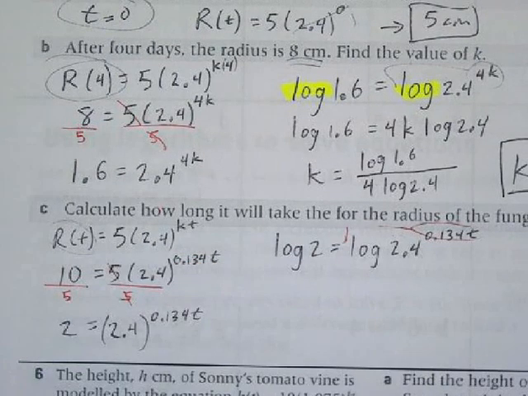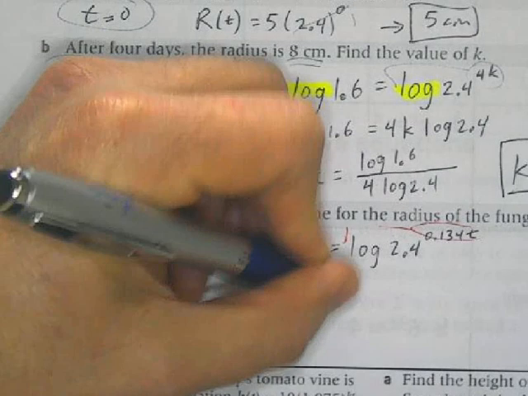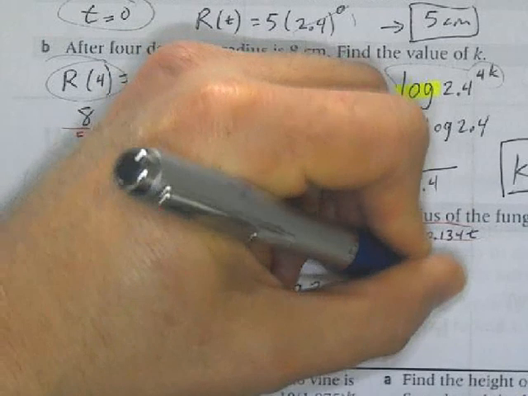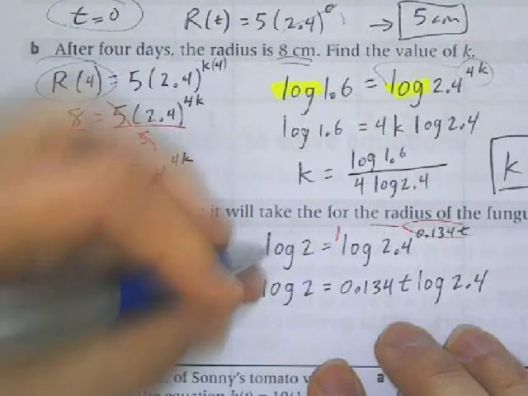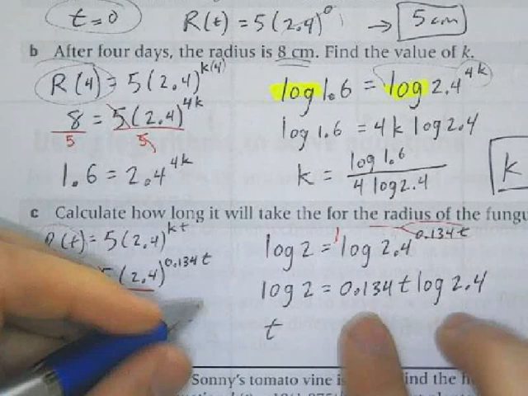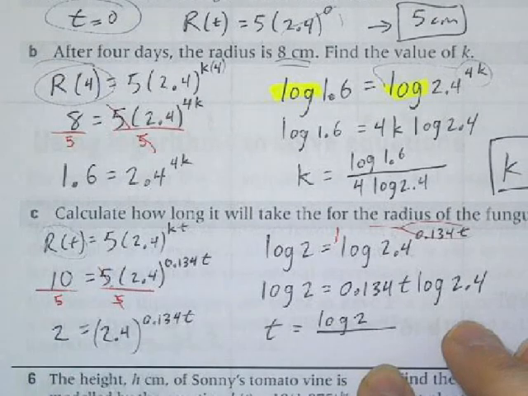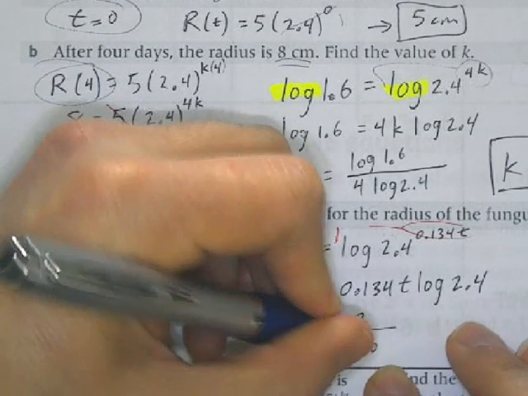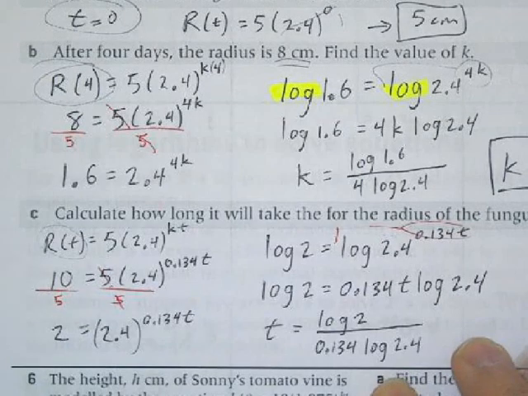And we have log 2 equals 0.134t log 2.4. And now to solve for t, we have to divide by those two things. I have log 2 divided by 0.134 and log of 2.4.